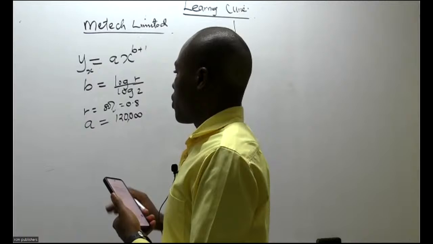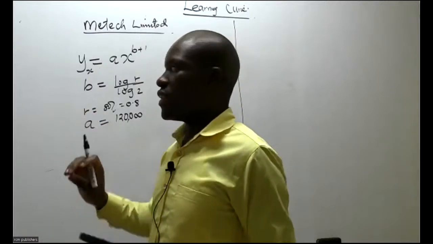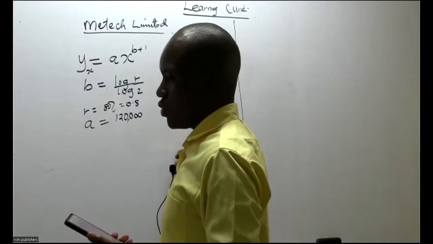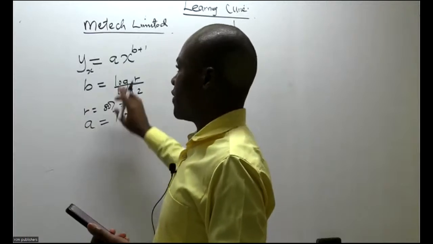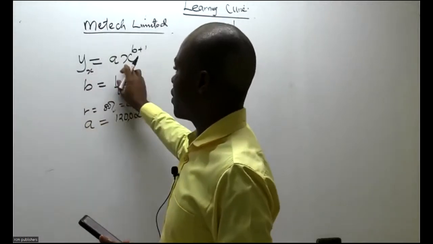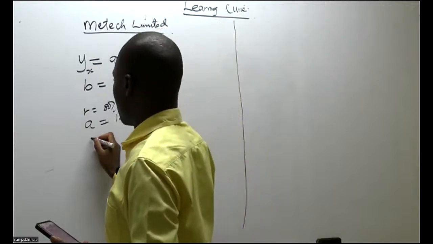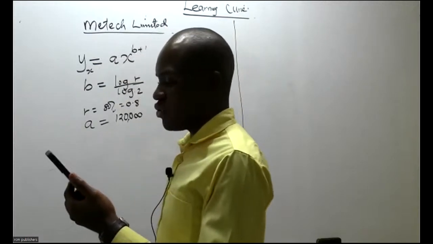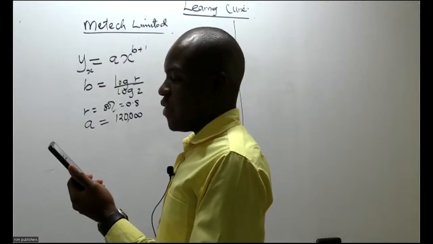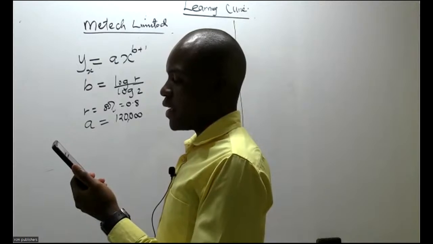So it means we are going to have 16 batches, the total batches for the lifespan of this product. We now have a and x. X will keep on changing depending on what you want to calculate. So the first thing is the average direct labor cost per batch of the first 8 batches.